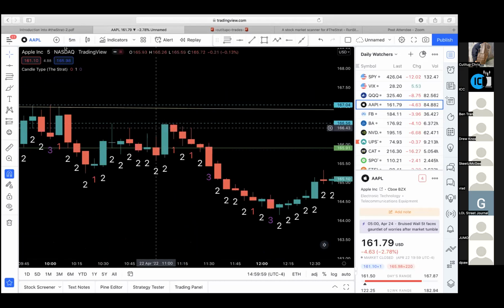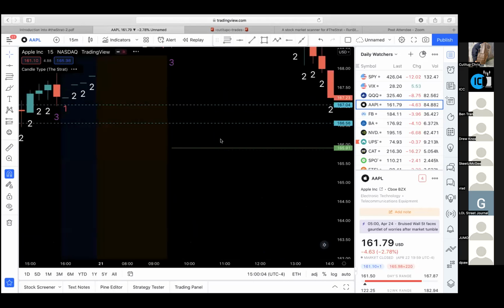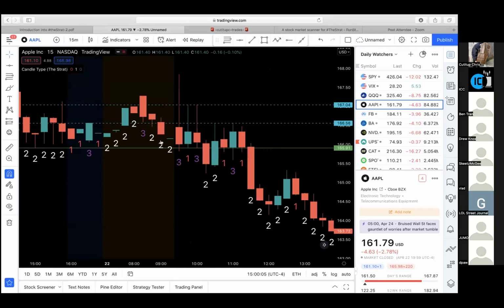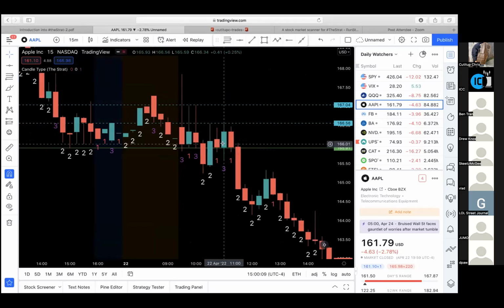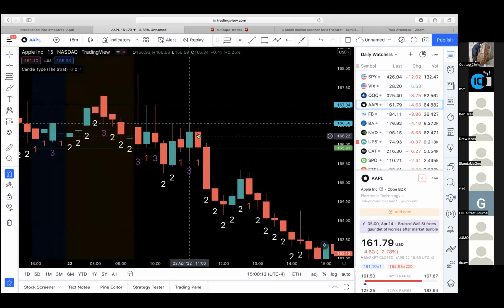But if we look at the 15, where's 11 o'clock? Right here, 11:15. This 15-minute candle never went 2 up, and it's actually another actionable signal, 3-1-2 to the downside. This 15-minute candle never went 2 up, even though that 5-minute candle did.